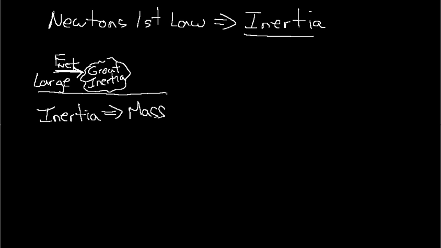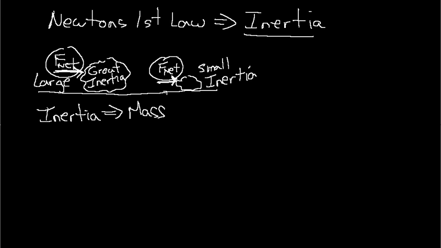Now if we have a smaller object, let's say a small rock here, this has a small inertia. Why is that? Well, if it's at rest, in order to get it moving, the net force that I have to apply to the smaller rock is much, much smaller. So this force here is very much smaller than this force here.